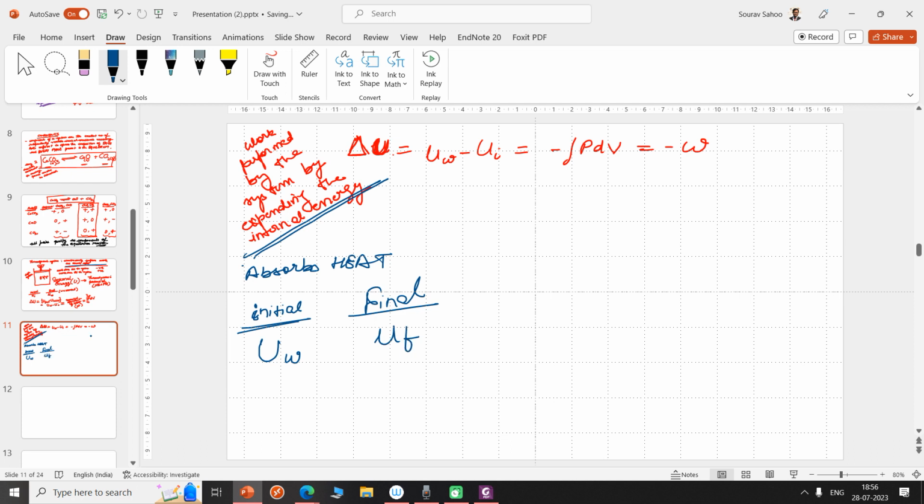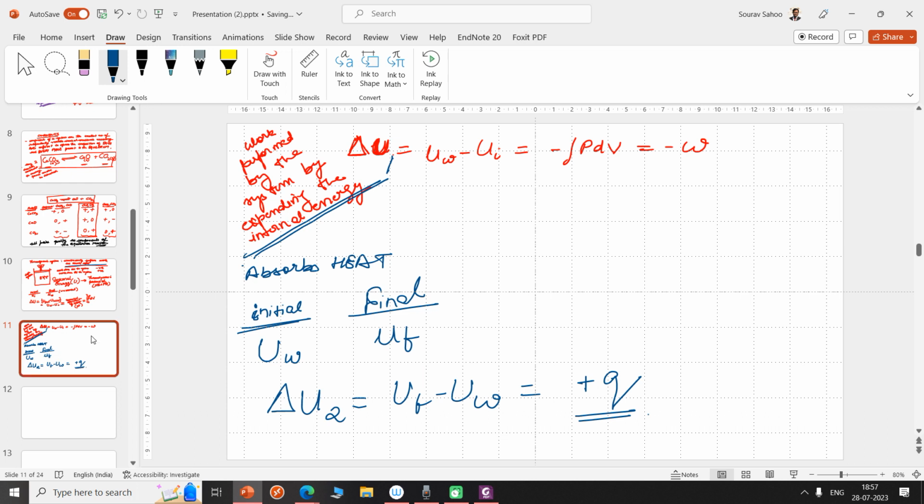Throughout the whole process, this was delta U1 and delta U2 is U final minus initial, so UF minus UW. And this will be equal to the heat that it has gained.